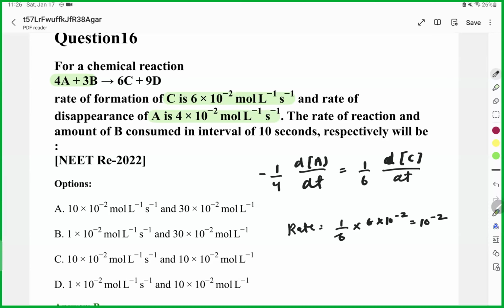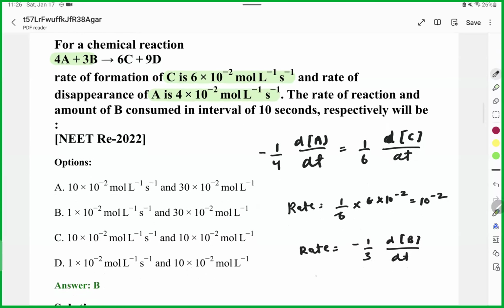Correct? Now what will be the rate value with reference to B? Minus 1/3 delta B by delta T. Correct? The rate value is minus 2, so 3 will come to multiply. Done.